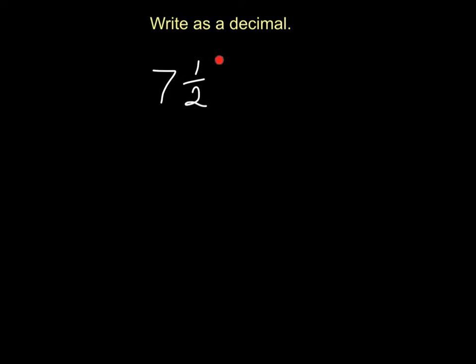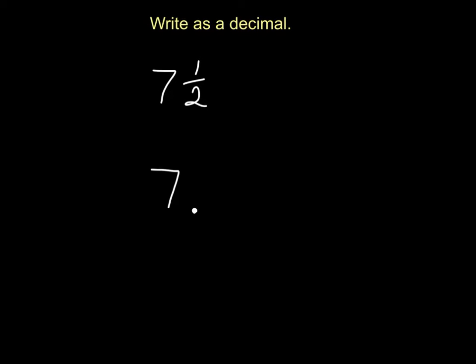If you have a mixed number like this, 7 1/2, and you're asked to write it as a decimal, the whole number is going to be what's before the decimal. So in this case you'd have 7 and then your decimal, because that's 7 wholes. And now I need to take this half and put it as a decimal.